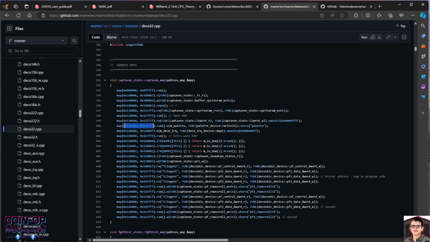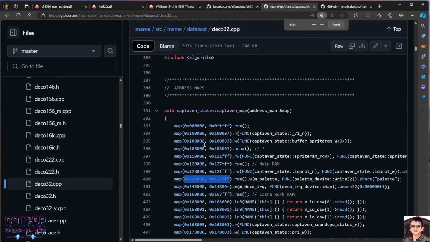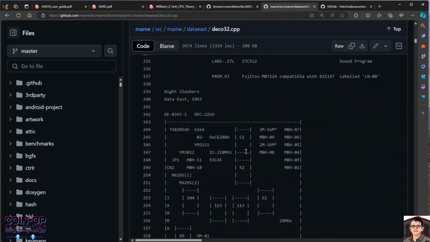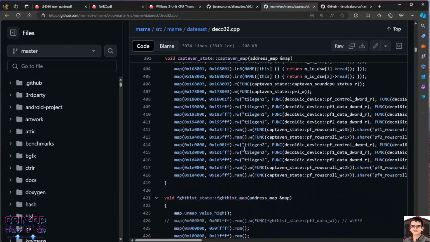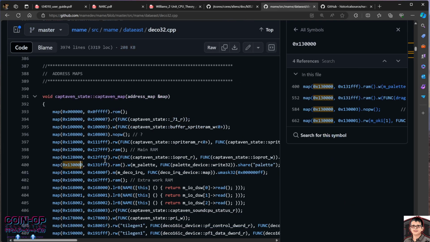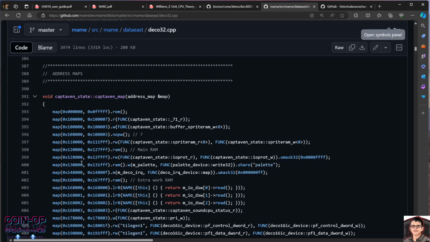So for example, in this case, if the CPU requests something on address 130, well, I don't know if you can see this, but let me make this a little bigger. Whoa, that may be too big. So if the CPU goes through 130 on the bus, and it falls within this range of 130 to 131 or 132, that means it's trying to write to palette RAM.